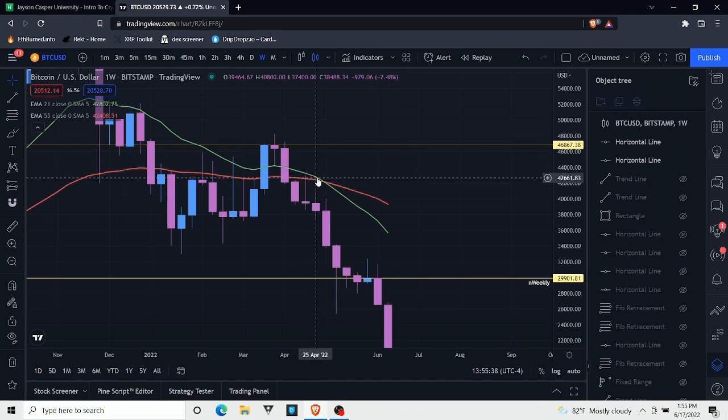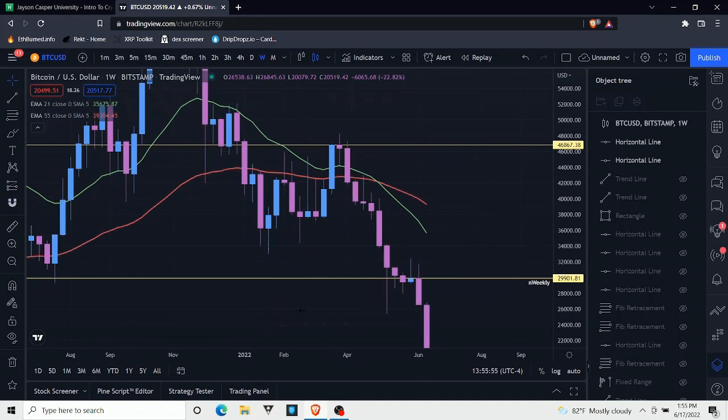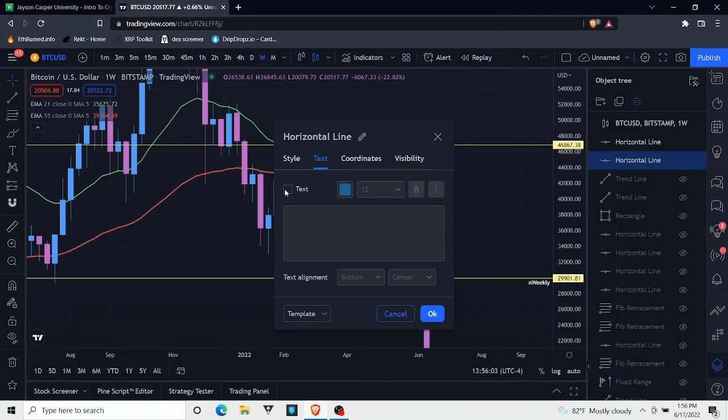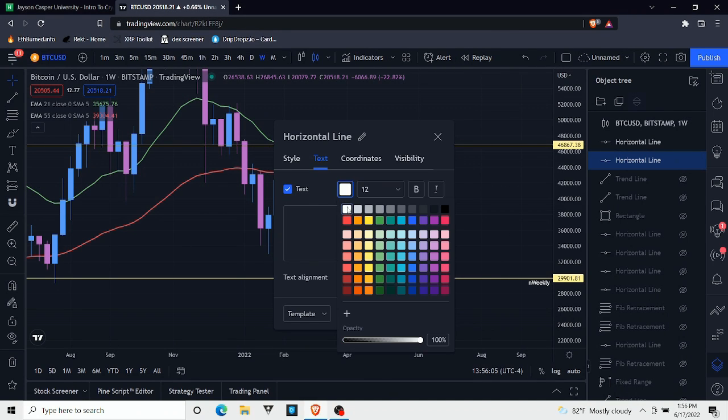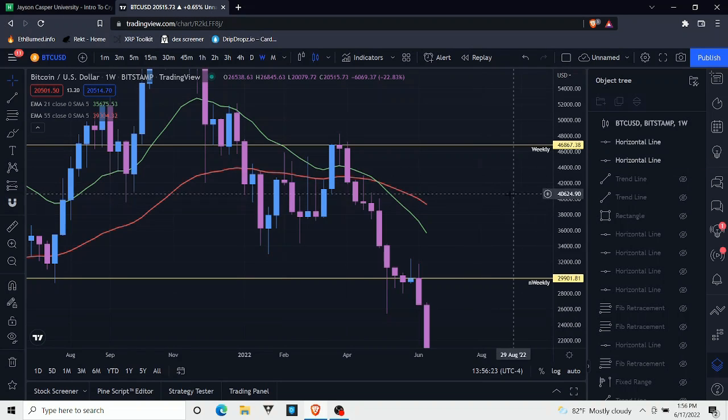If we have confluence with, let's say, a fib golden pocket at an old weekly level, then you can probably still expect price to have a reaction off of that level. But for the most part, I like to keep my most relevant weekly levels in one folder, and maybe I'll keep another folder for my old weekly levels that are no longer as significant. And that's just one way to stay organized.